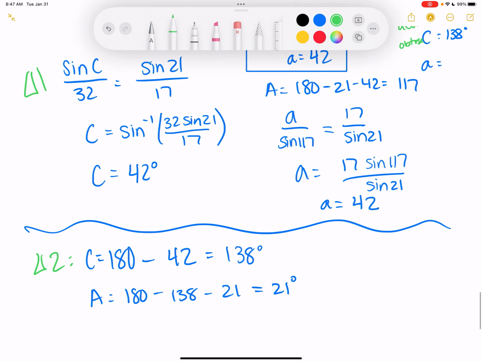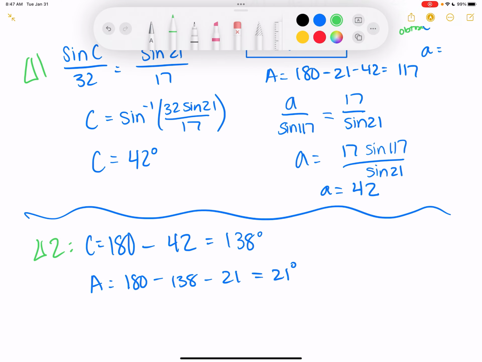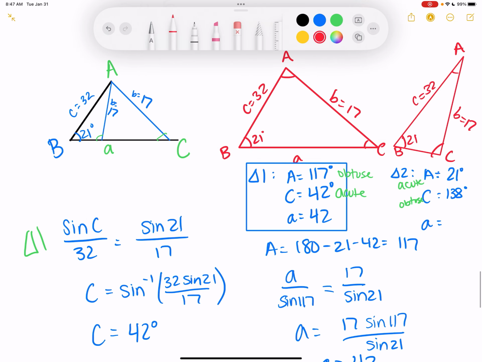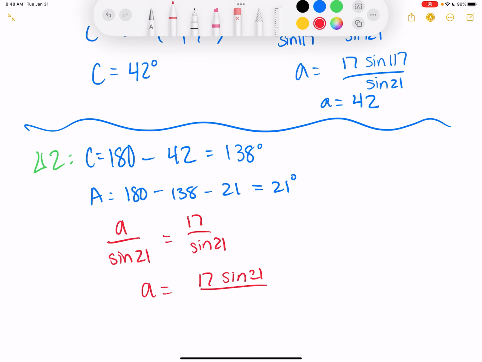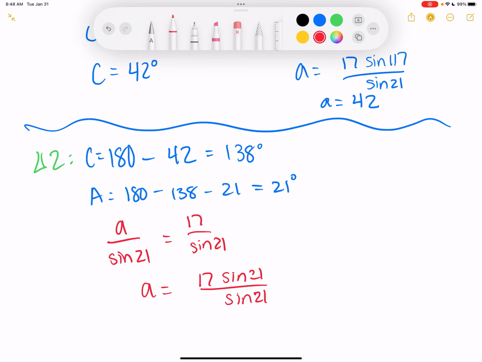So then now I just need to find side A. So A over the sine of 21 is equal to 17 over the sine of 21. So A is equal to 17 sine of 21 over the sine of 21, which is just going to be 17, because sine of 21 divided by sine of 21, those are going to cancel, so that's just going to be 17.